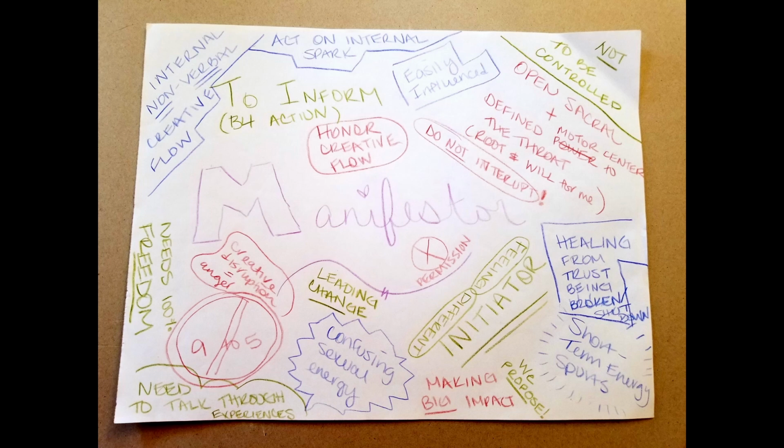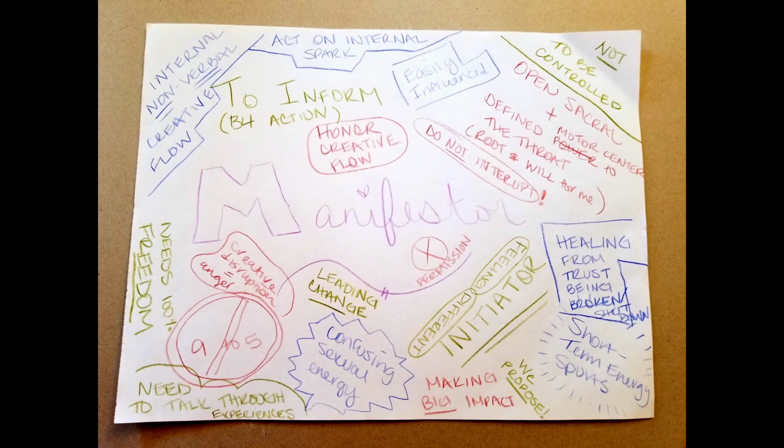So all of the things that I just told you are representations of parts of this piece of paper. There's more in there that I didn't talk about, and there's more also about manifestors that is not on this page. But what I did is I went through and read all about manifestors and listened to podcasts.